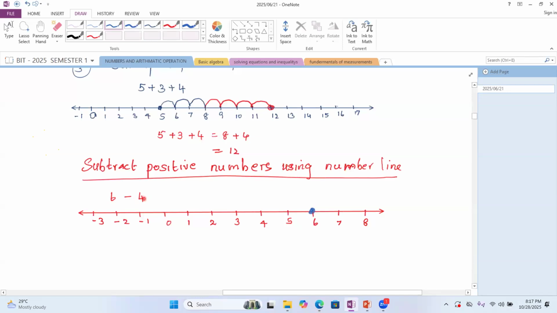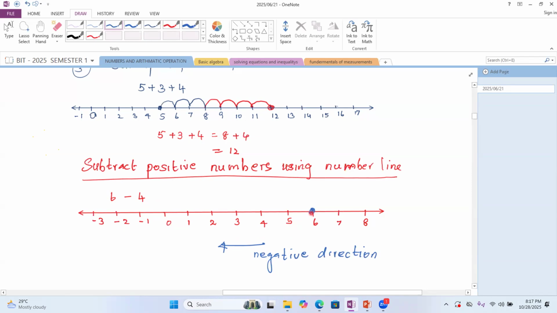Subtract means we move the positive number 4 in the negative direction.